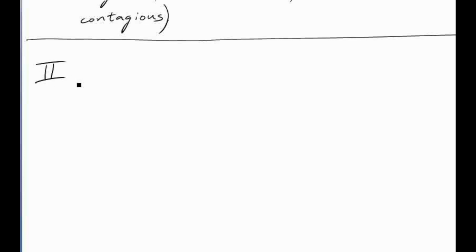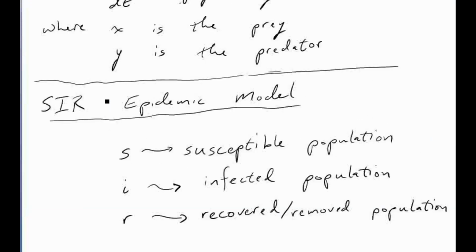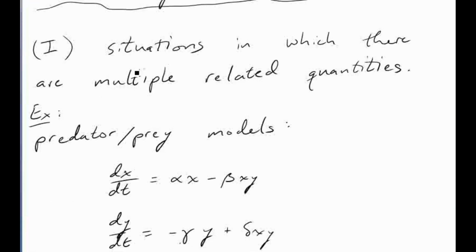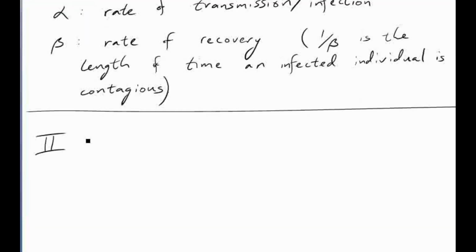Category number two. Category number one was naturally making a system because we have multiple related quantities. The second place where systems can arise is through an artificial process in which we can convert higher order differential equations into systems.